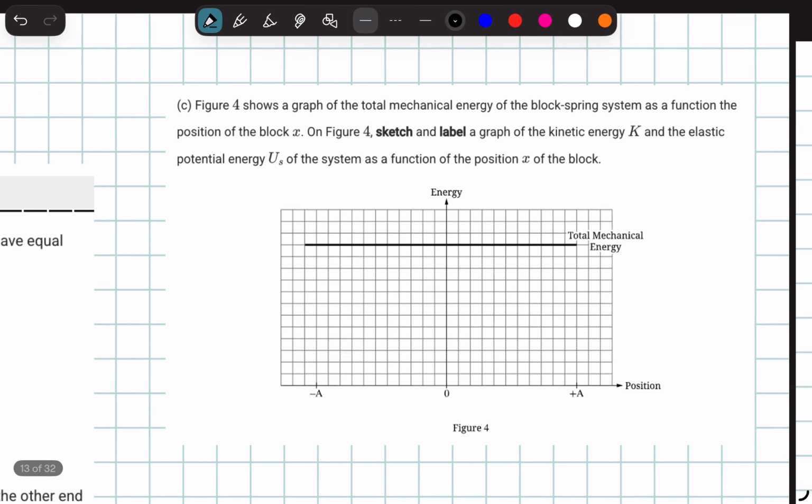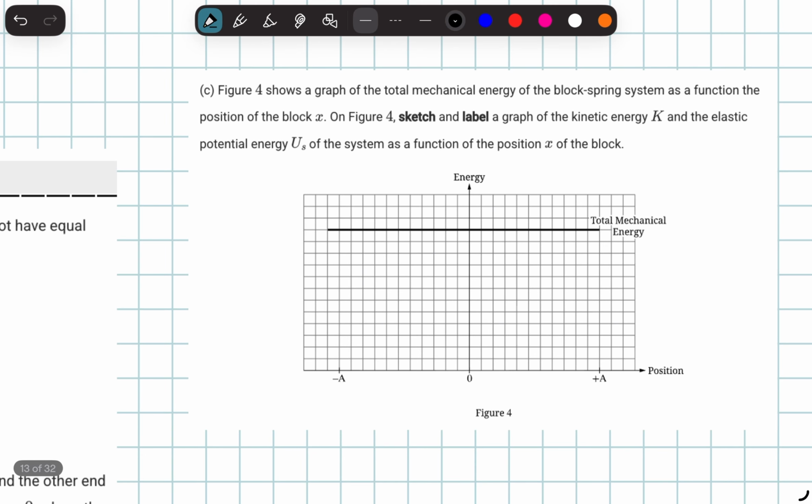Okay. Figure 4 shows a graph of the total mechanical energy of the spring block system as a function of the position of the block x. On figure 4, sketch and label a graph of the kinetic energy K and elastic potential energy U_S of the system as a function of the position x of the block.